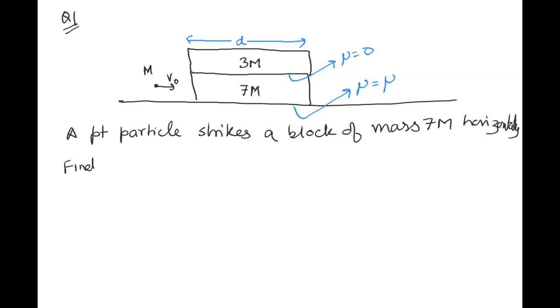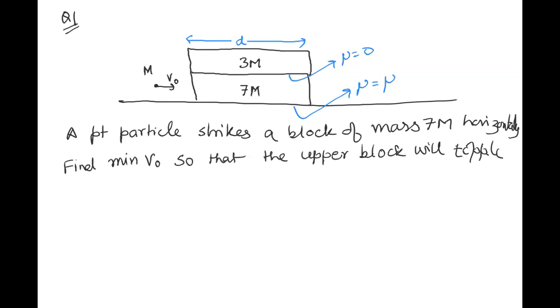Find minimum P naught so that the upper block will topple. That means the upper block will fall to the ground. (a) e is equal to 1, (b) e is equal to half.